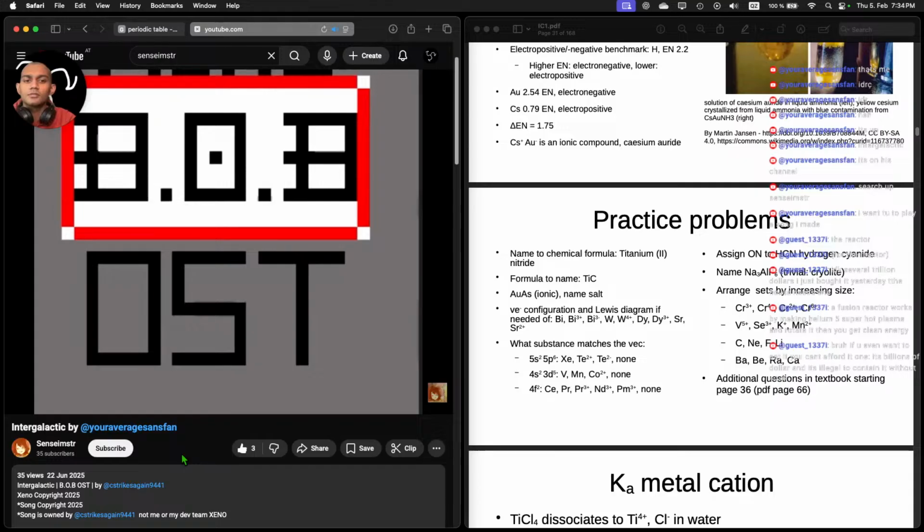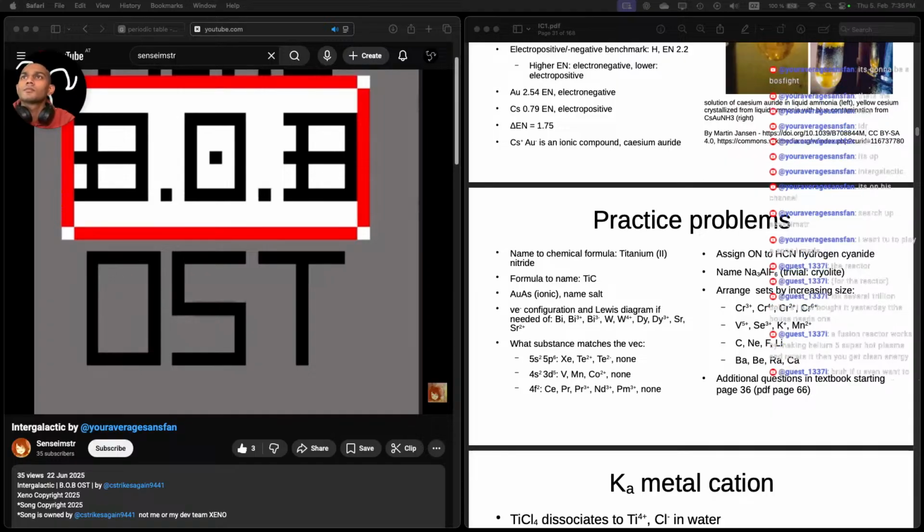It kind of sounds like a futuristic boss battle type of. It's gonna be a boss fight.